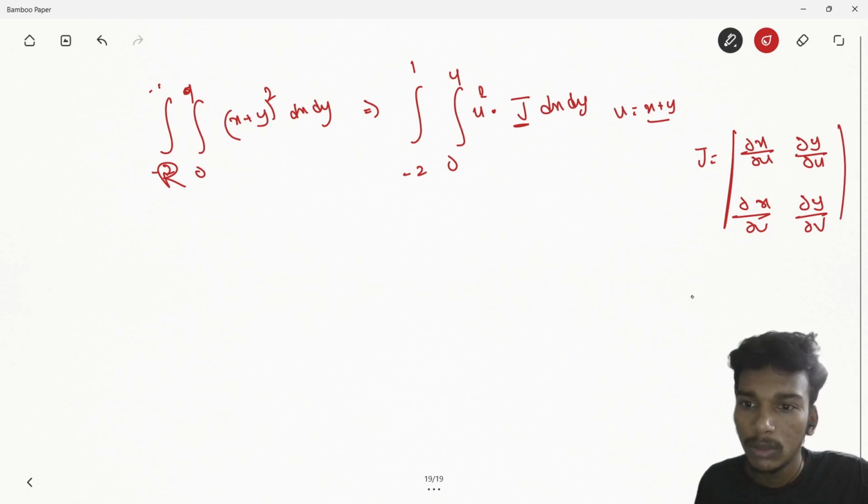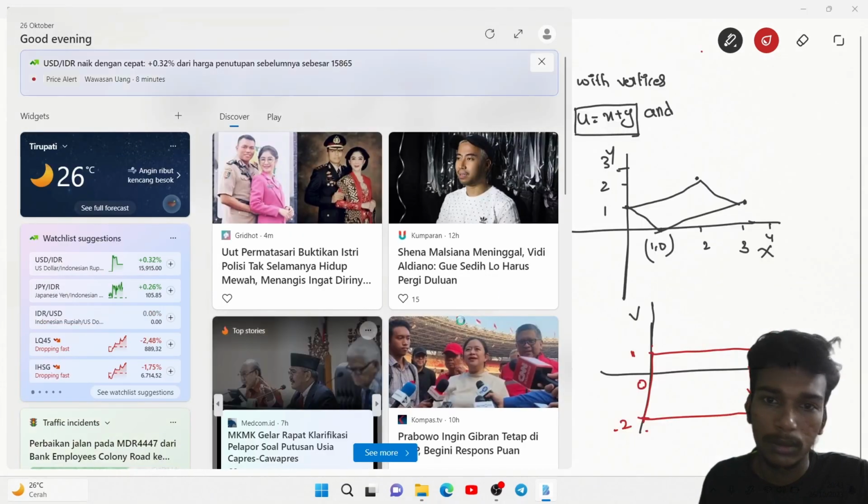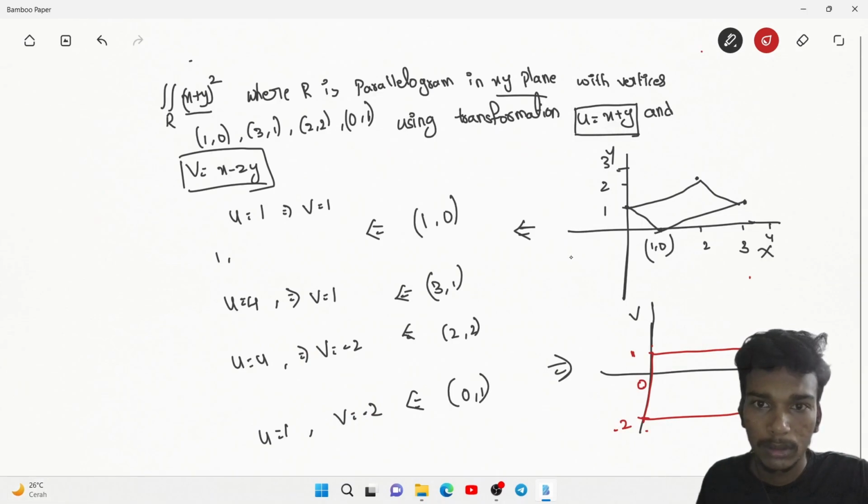After differentiating, dou x by dou u is 1 plus 0, and dou y by dou u, I'm going to get minus 2, yes, minus 2.